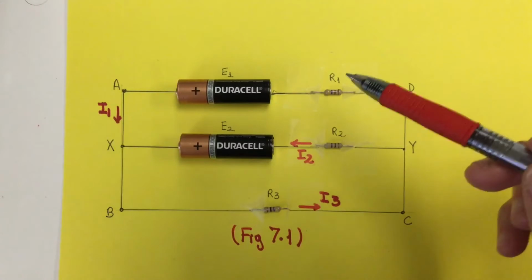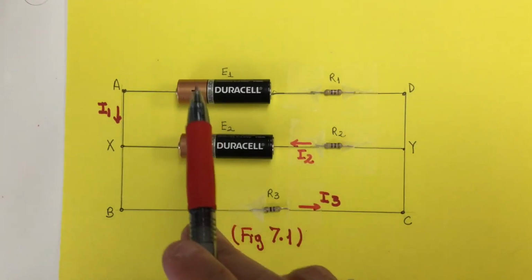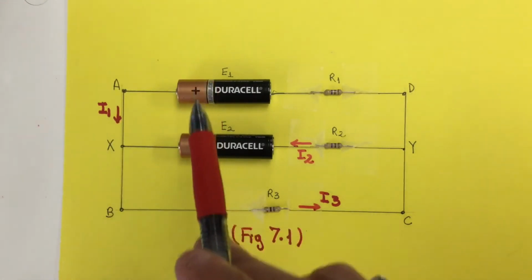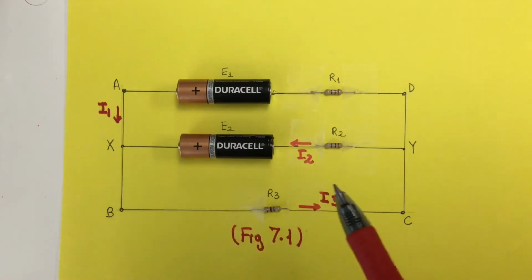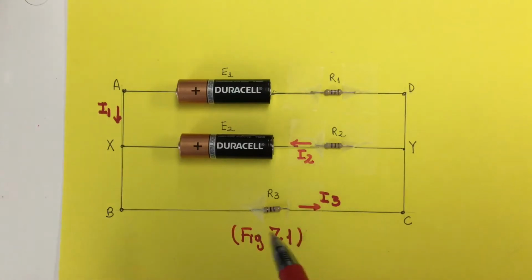Here we have three resistors. We have the battery with the polarity positive on this side because that's the longer line, and we have the currents with directions provided by this picture.